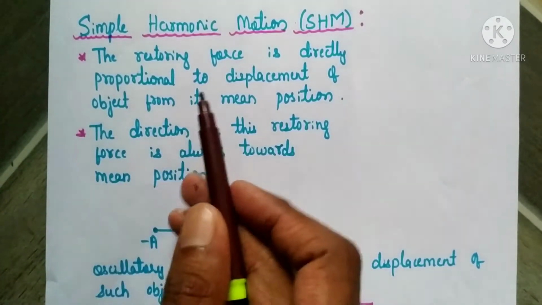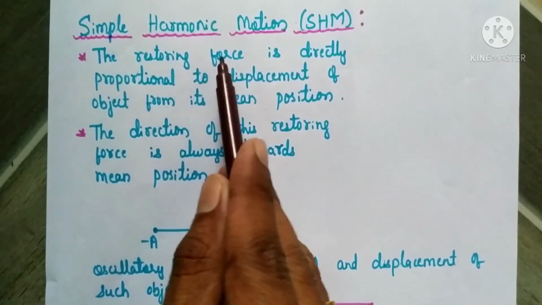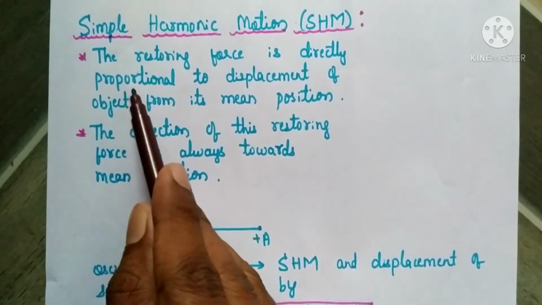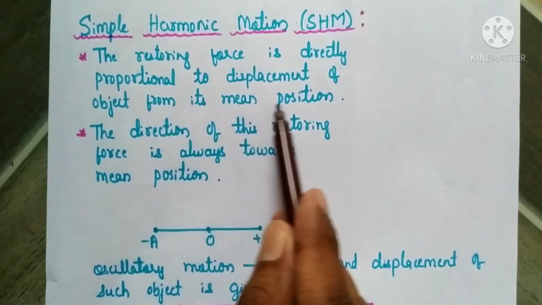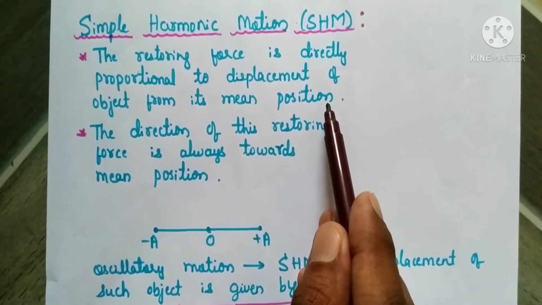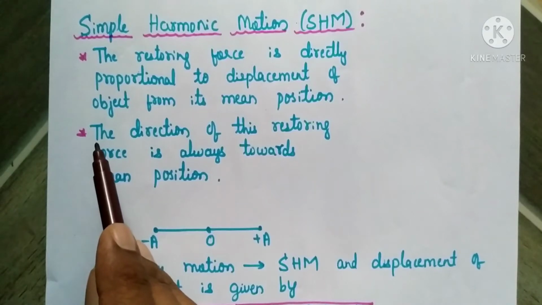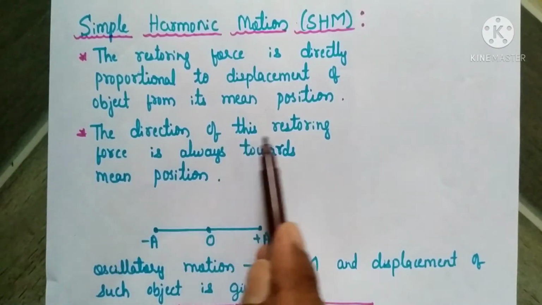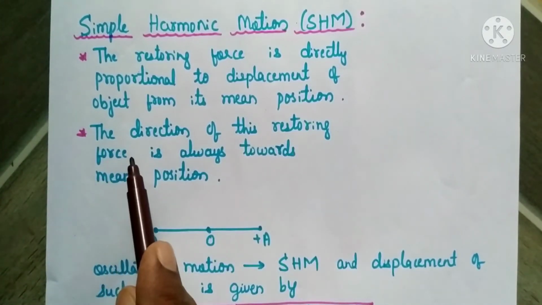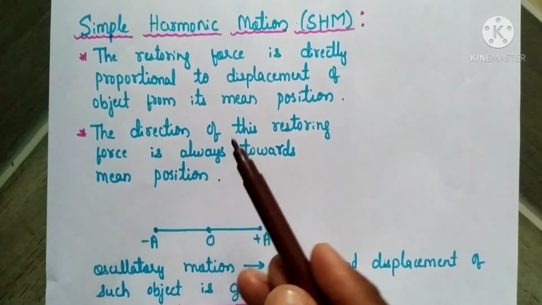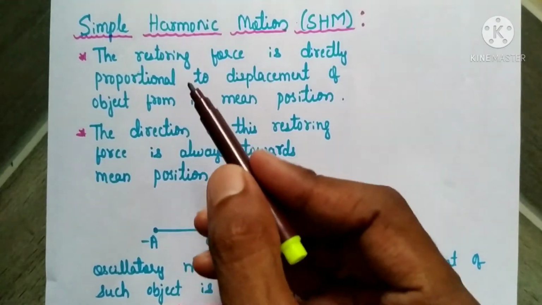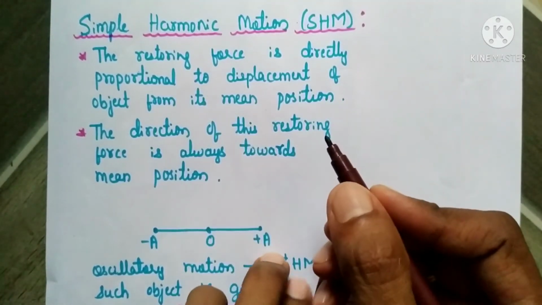The first condition is that the restoring force is directly proportional to the displacement of the object from its mean position. This is the first condition. And the second condition is that the direction of this restoring force is always towards the mean position. Now let us try to understand the conditions one by one very clearly.